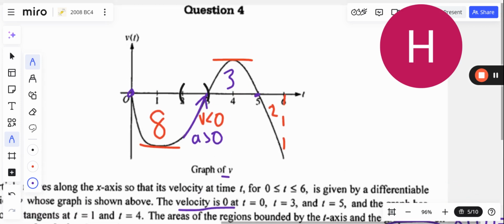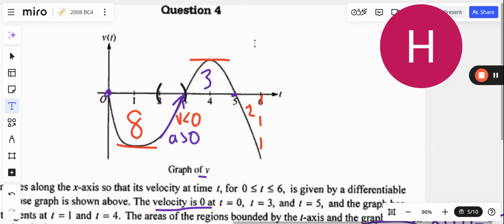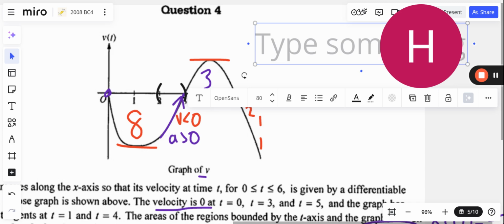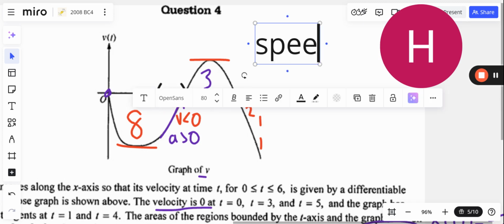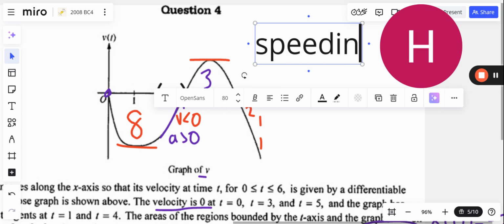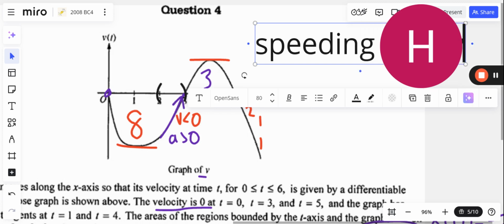Another great way, this is sort of a pro tip, another great way to determine if something is speeding up or slowing down, and you're looking at the velocity graph, speeding up means that the velocity is getting further away from 0. Okay. Which makes sense.